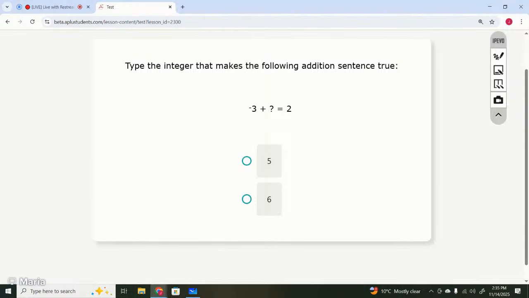Negative 3 plus the missing number equals 2. So what number is it? Negative 3 plus 5 is 2.